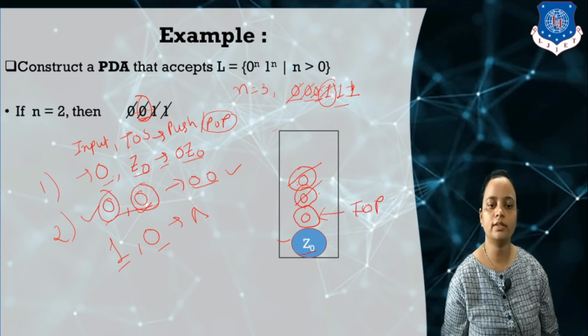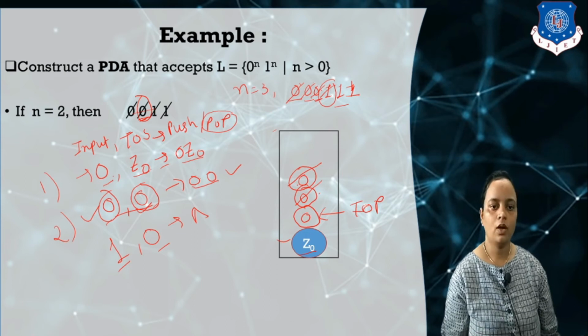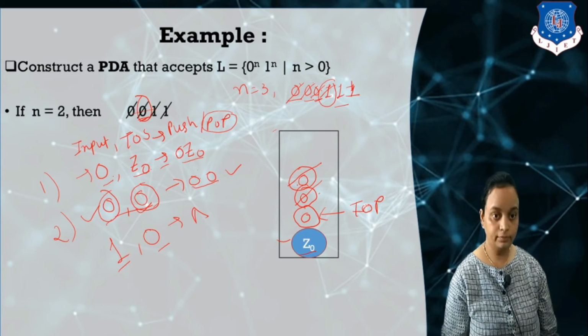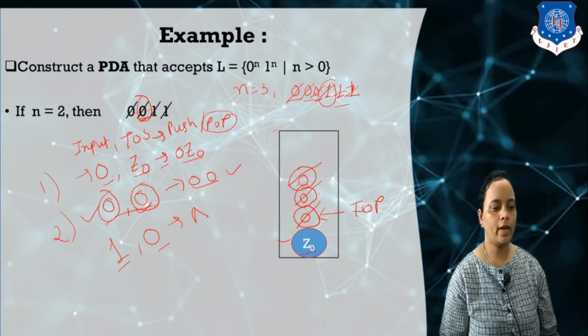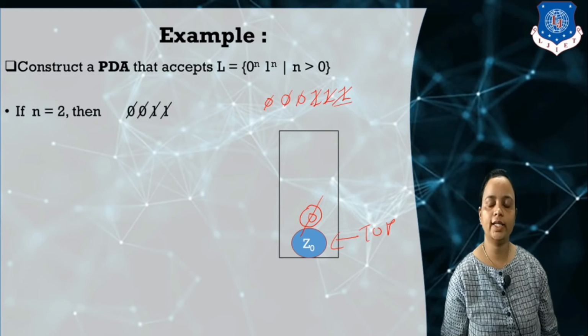Again the same here. Now the third one is read. Input is 1, topmost symbol is 0. What do we have to perform? A pop operation, so this 0 is cancelled. Now my stack is containing z0.